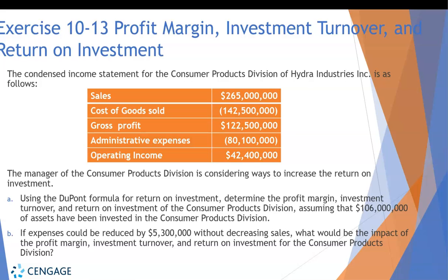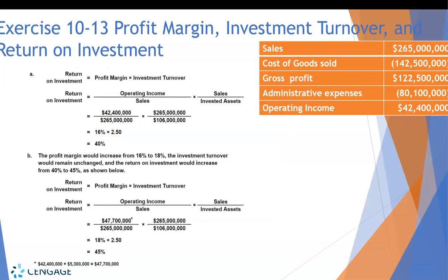And if expenses could be reduced by $5,300,000 without decreasing sales, what would happen to the profit margin, investment turnover, and return on investment? So here you see the return on investment. We're going to do profit margin times the investment turnover.